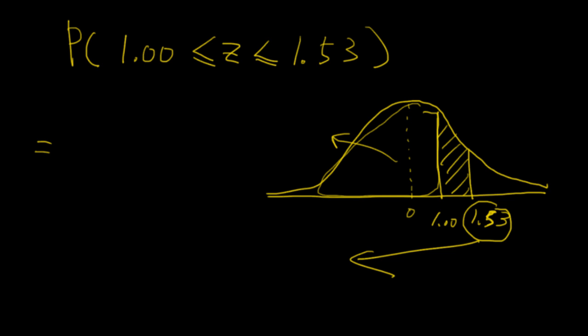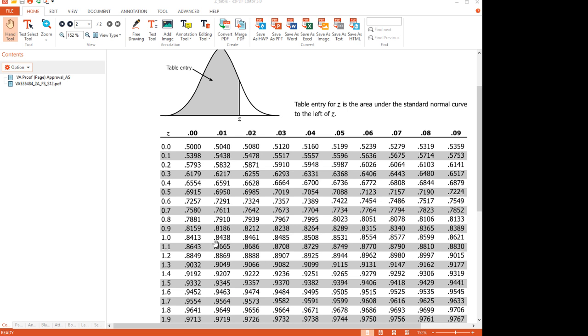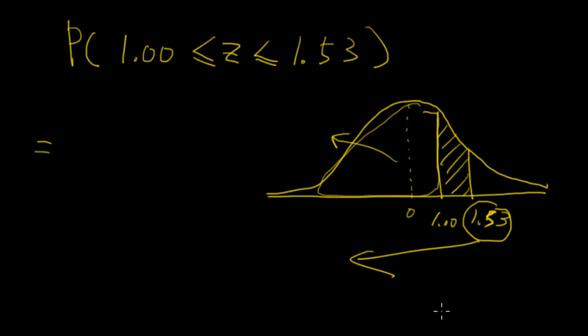Now go to the table, 1.53 should be this number right there. See that number? 0.9370, right? So this would be 0.9370.